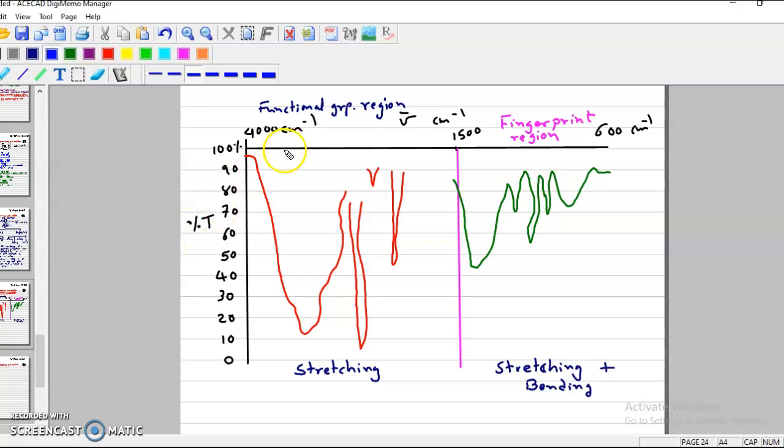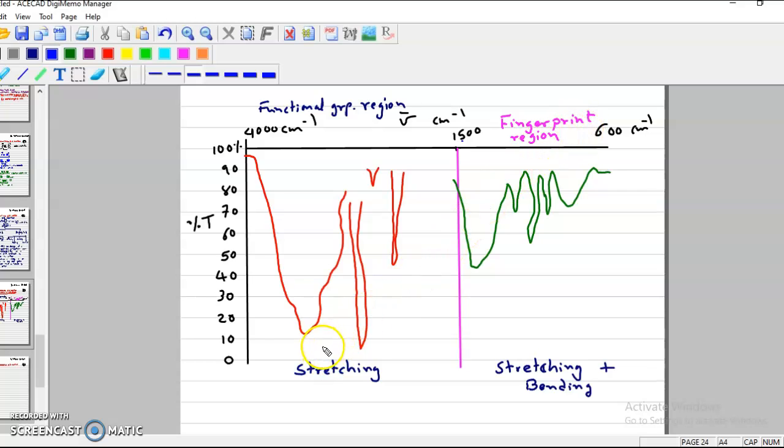Okay, and there are two main parts of infrared spectra. One is from 4000 centimeter inverse to 1500 centimeter inverse, which is called functional group region, and second part is 1500 to 600 centimeter inverse, which is known as fingerprint region.